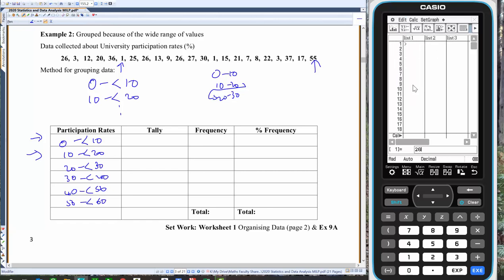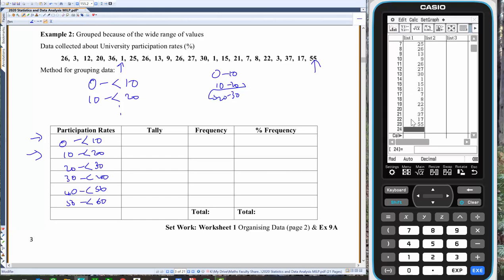Okay, so here's a good early tip on the calculator. I counted earlier, I know that there's 23 places that we're talking about here that have got these uni participation rates. So I'm just going to type all of that data into my calculator. 20, 36, 1, 25, 26, 13, 9, 27, 30, 1, 15, 21, 7, 8, 22, 3, 37, 17, and lastly 55.